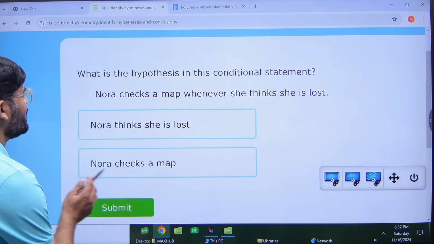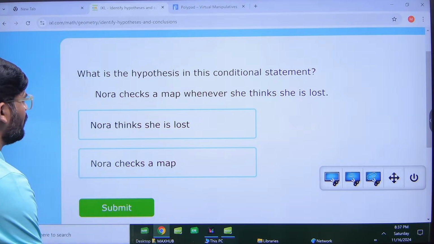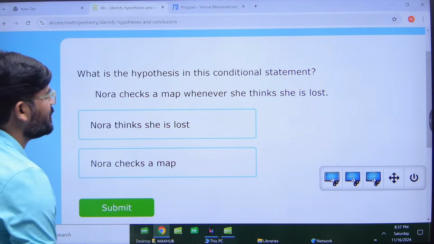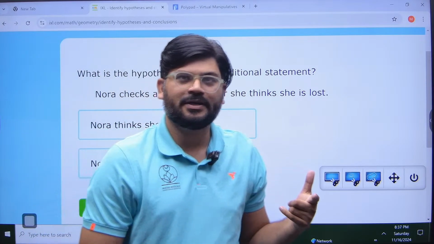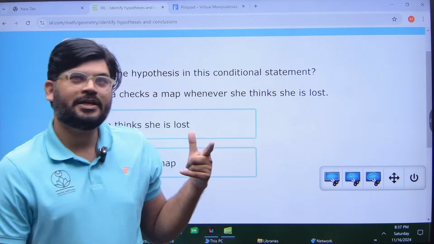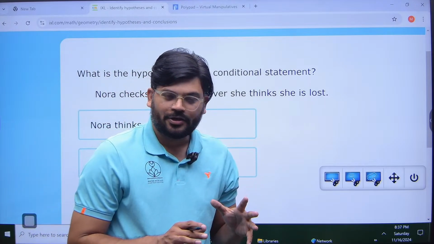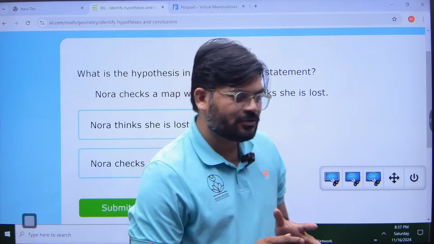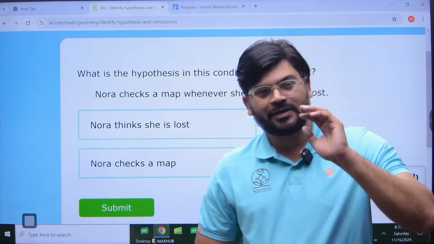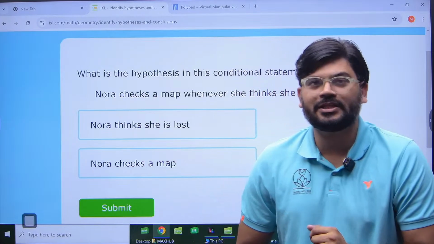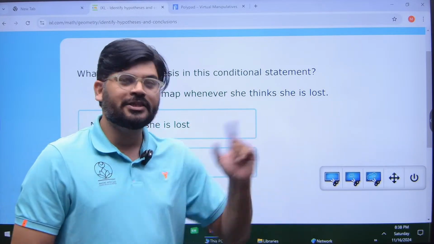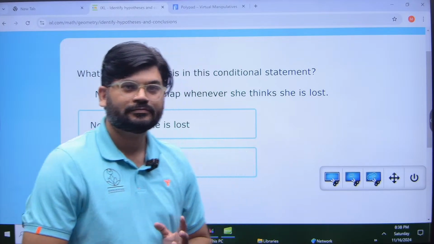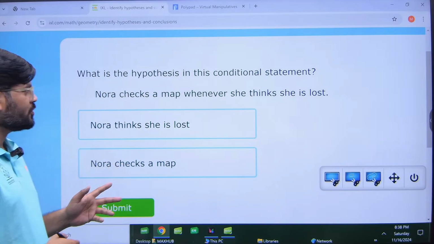Nora checks a map whenever she thinks she is lost. So what is the first thing that is being done? Tell me, you think yourself as Nora, and tell me the thing which will come first. What is the first thing that will come into your mind? First you will look at the map, or first you are lost and then you will look at the map? First, I'm lost. First you will be lost. So what is the conclusion?